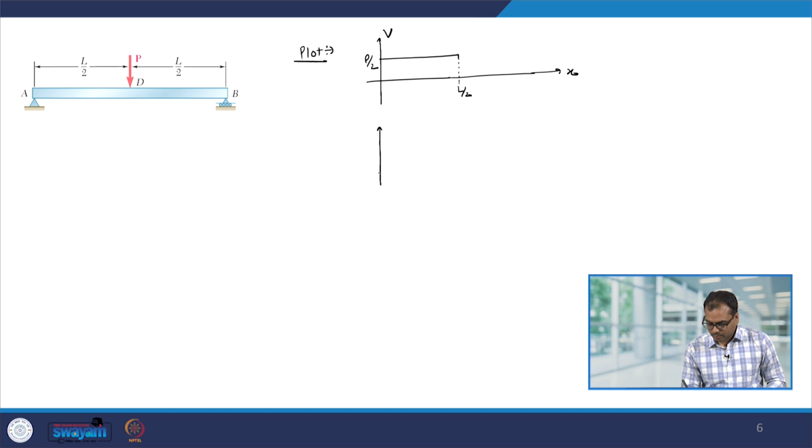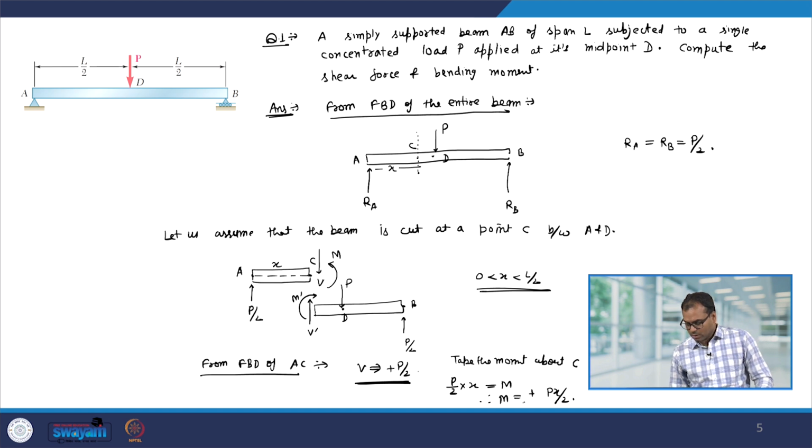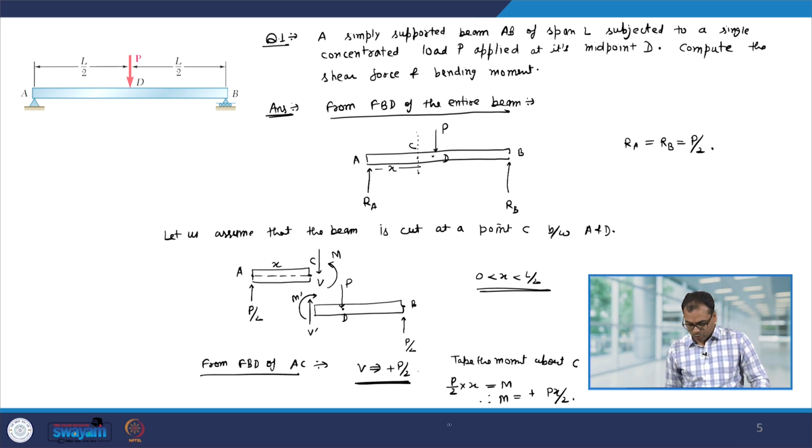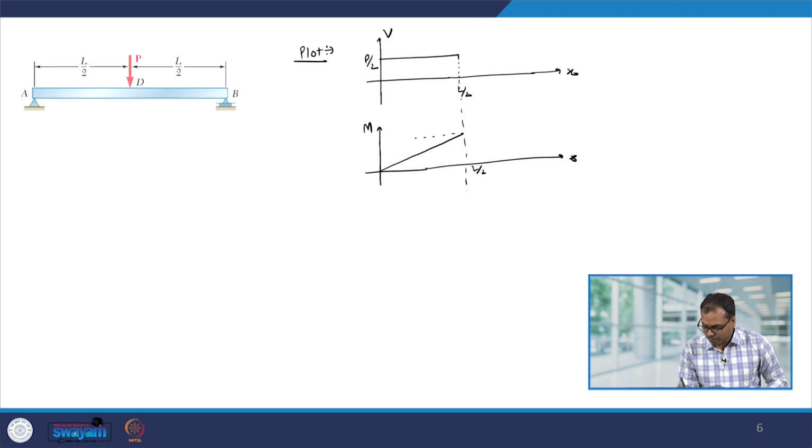Also let us look at the bending moment. So the bending moment was Px divided by 2. Now note that this is a function of x, and it will be a straight line, okay, which is passing through the origin. So let me say that this is my M, and this is L by 2. So it will just rise, and its maximum value will be at x equal to L by 2. So let me put x equal to L by 2 over here. So we get P L divided by 4. So that is the maximum value.